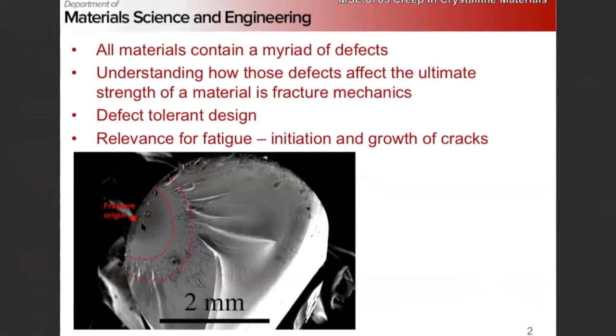Really, the idea here is defect tolerant design. We can't ever get rid of defects where cracks can nucleate, but how can we design it so that our cracks are less likely to grow and spread? And what we're going to talk about today is really relevant for fatigue, the initiation and growth of cracks. And I'll do just a little bit on fatigue coming up.